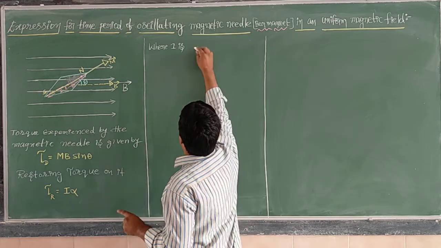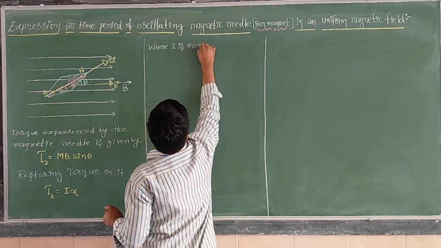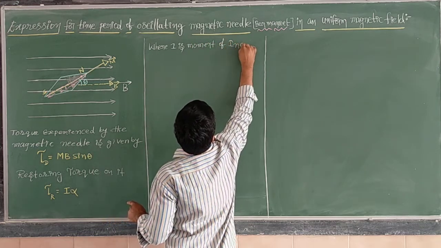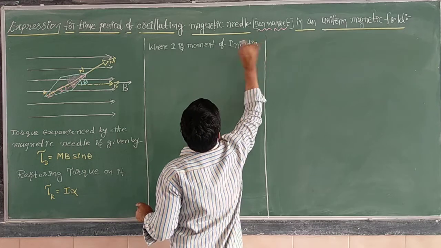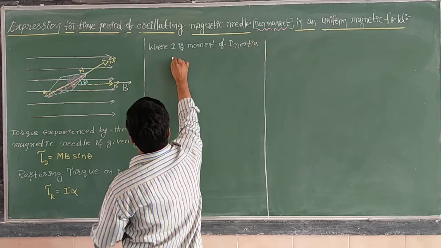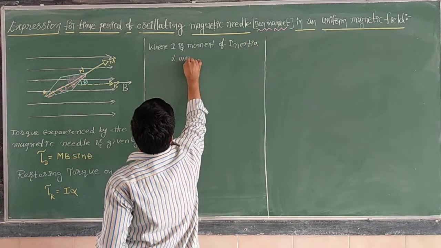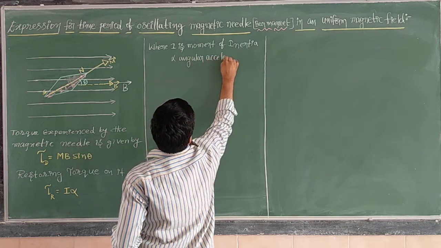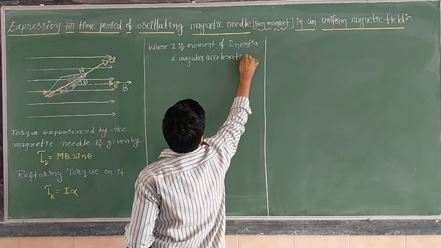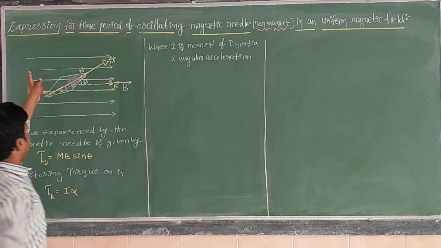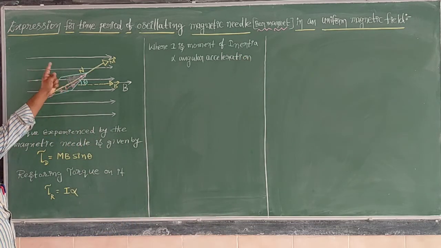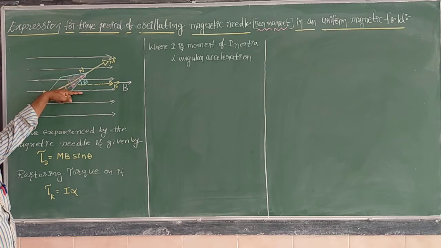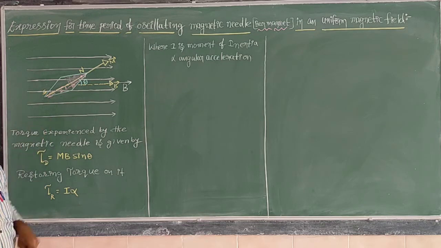I is the moment of inertia, and alpha is the angular acceleration. When the needle is rotating like this, it is rotational motion. For a rotational motion, angular acceleration will be there. That is alpha.